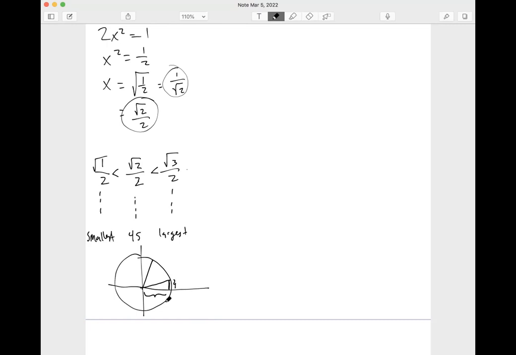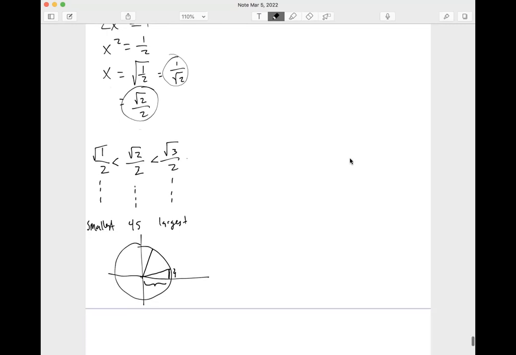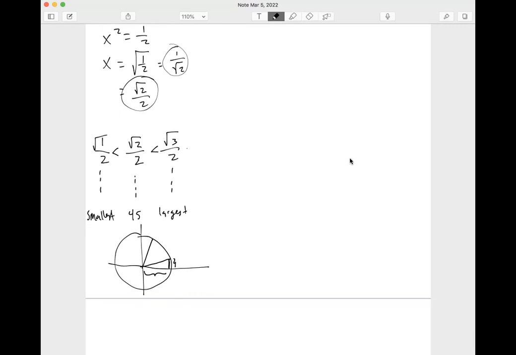Since I'm closer to the x-axis, I should pick the smallest of the 3 values.